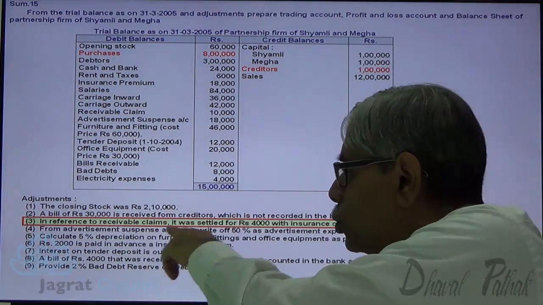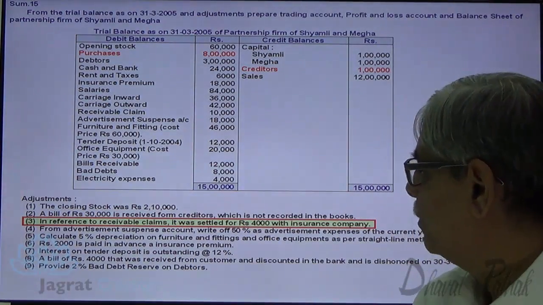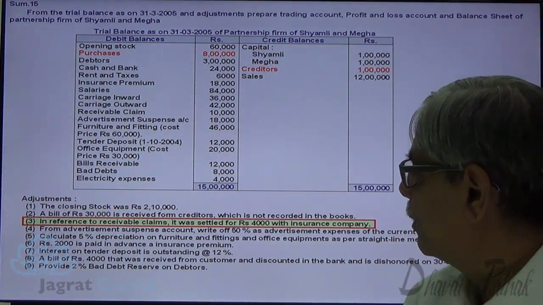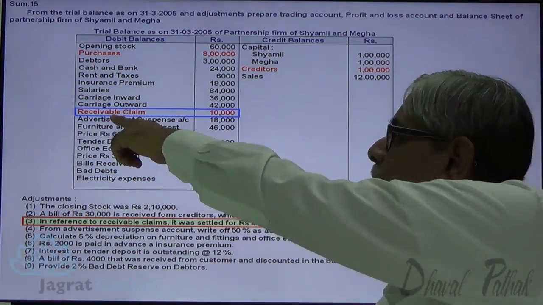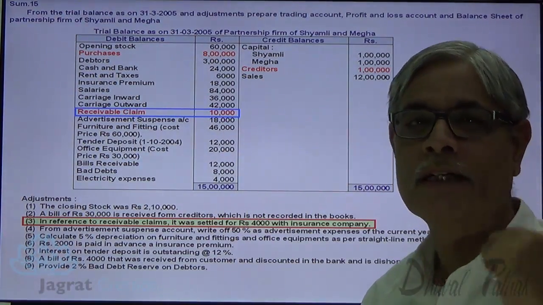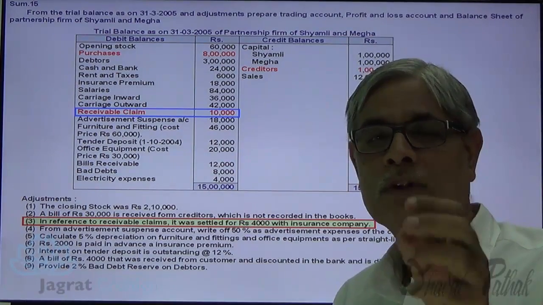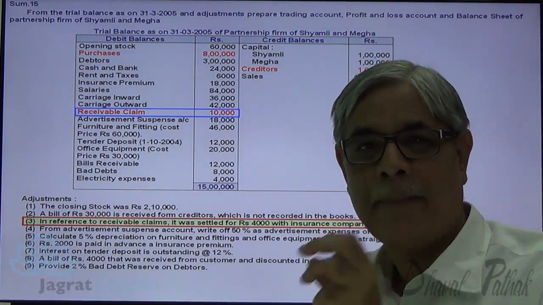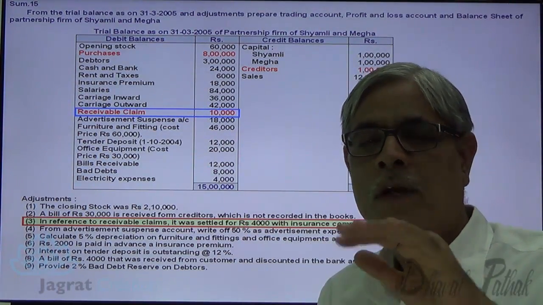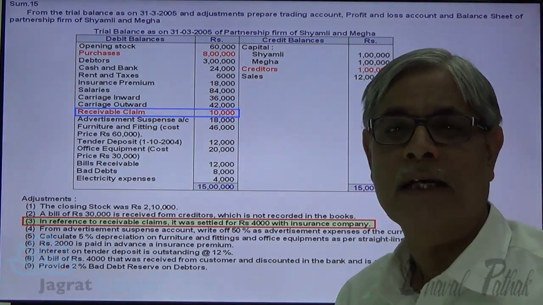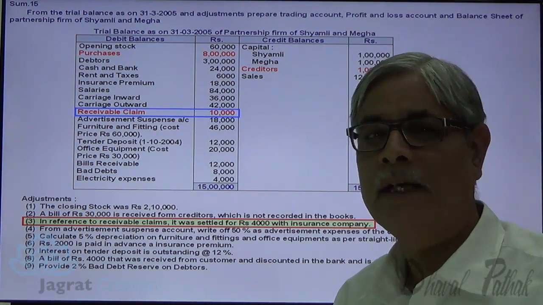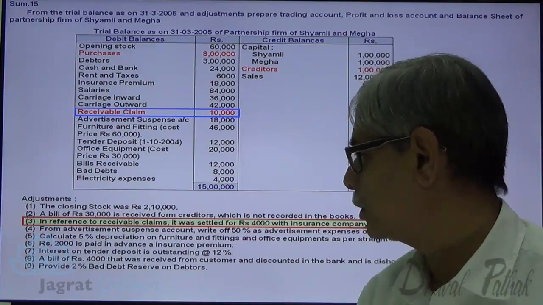Now in reference to claim, 4,000 will be recovered from insurance company. Claim is 10,000, 4,000 is recoverable. So 4,000 recoverable amount will appear on the balance sheet asset side and unrecoverable amount 6,000 is a loss that will be debited to profit and loss account.